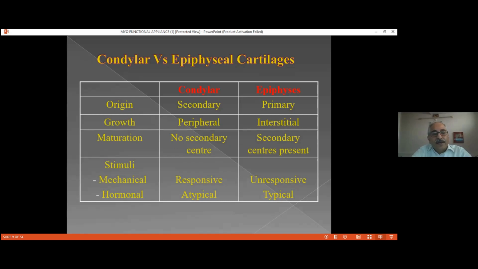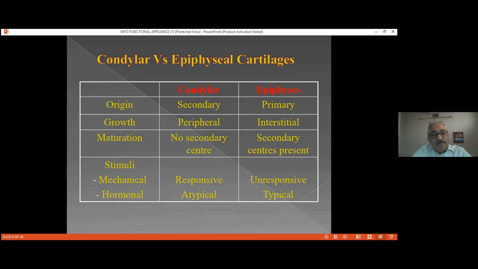Now, to mechanical stimuli, the condylar cartilage is responsive, whereas epiphyseal cartilage is non-responsive. It is directly under the influence of the genetic predilection of that particular individual. That is, as he has got the genetic makeup, he will grow the same height and the same pattern.